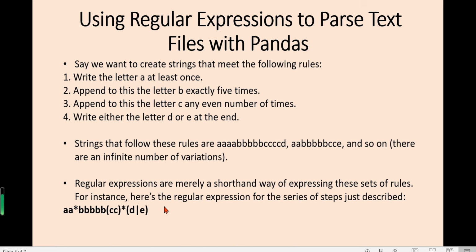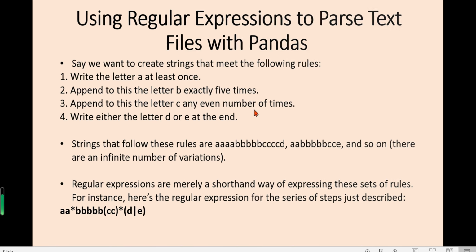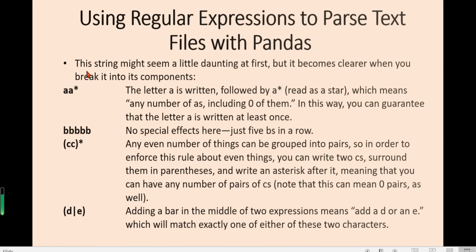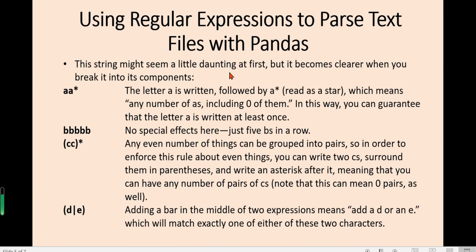Here is the regular expression for the series of steps just described. We can write A, A asterisk, then B{5}, then parentheses with CC and an asterisk, then parentheses with D or E with a bar. This string might seem daunting at first, but it becomes clear when you break it into its components.